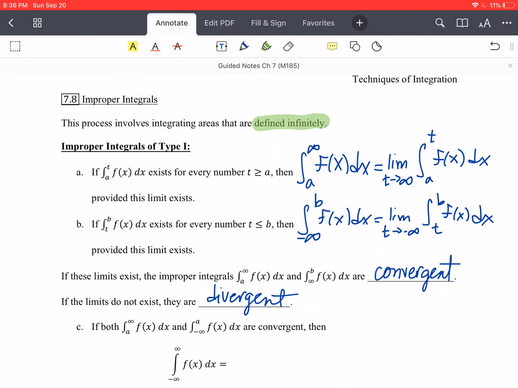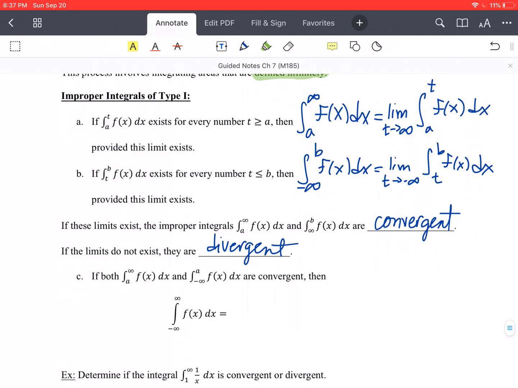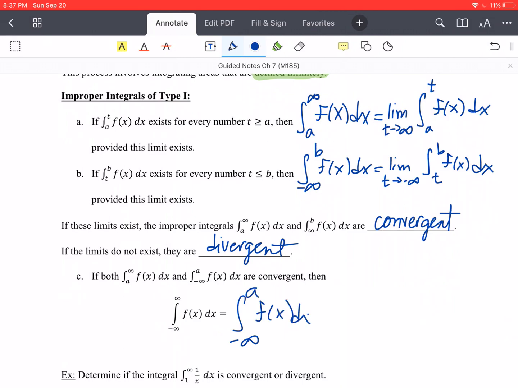Okay? And then, part C, if both of those integrals exist, so from a to infinity and negative infinity to a, if they're both convergent, then the integral from negative infinity to infinity is just the integral from negative infinity to a plus the integral from a to infinity.